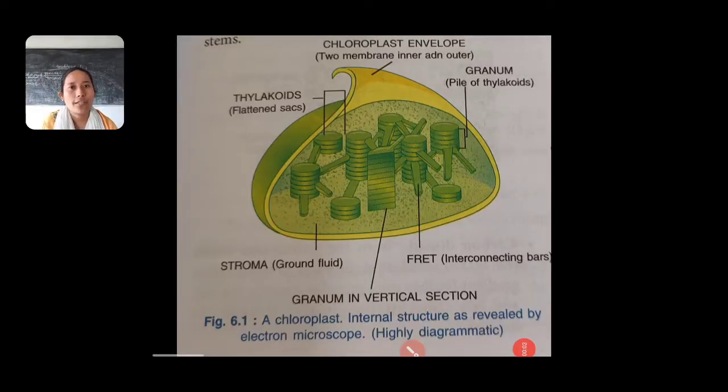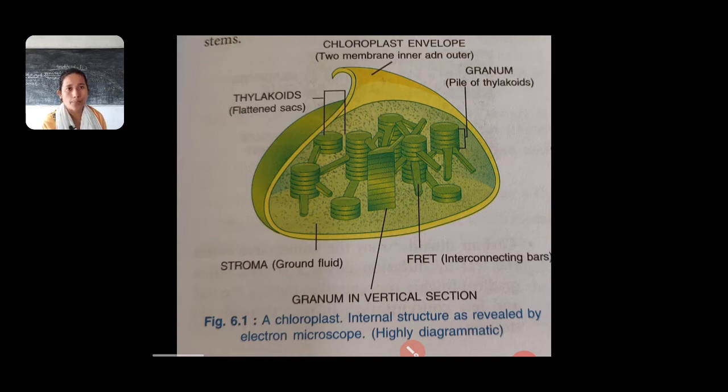As we know, chloroplast is present only within a plant cell, right? And this cell organelle is generally present in leaves, and also in stomata and some of the younger stem.